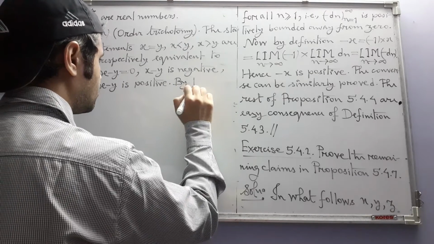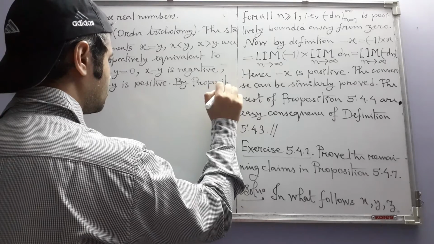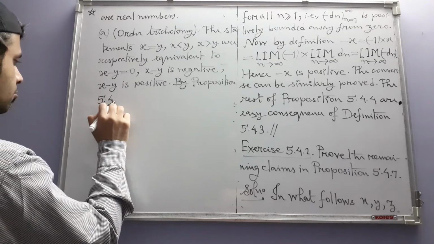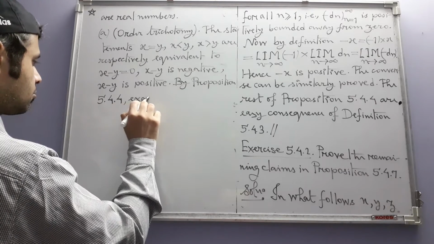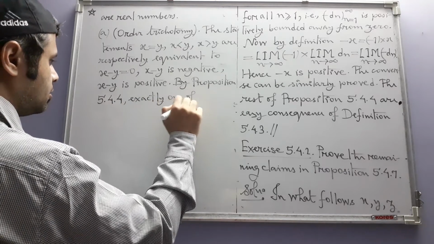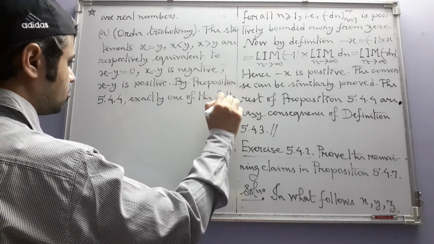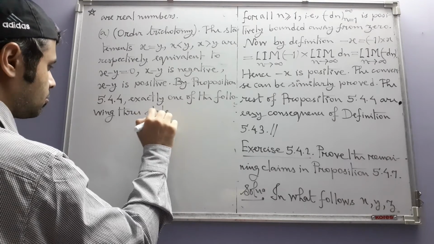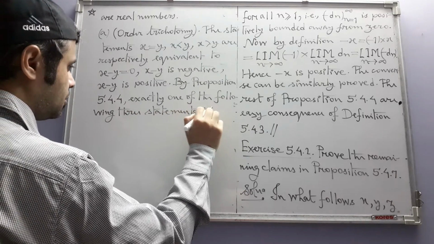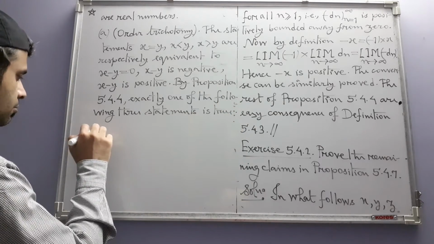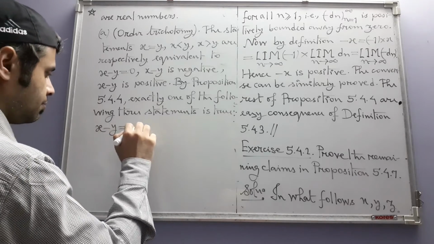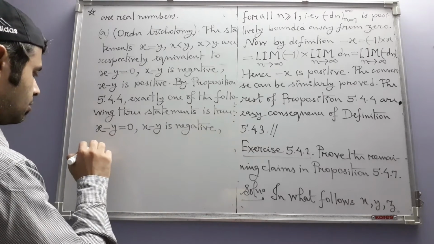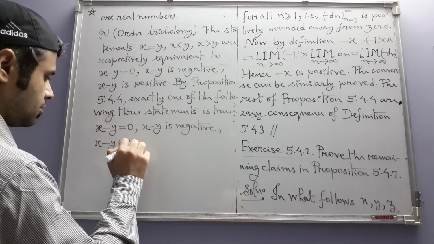By proposition 544, which we have proved just now, exactly one of the following three statements is true: x minus y is 0, x minus y is negative, and x minus y is positive.